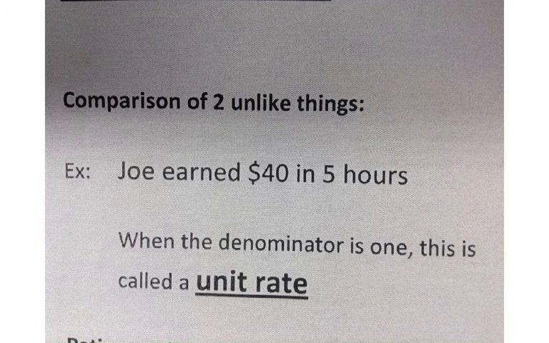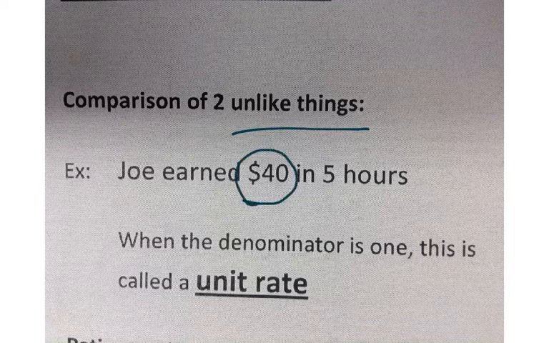What you can do with ratios is compare two unlike things. In the example, Joe earned $40 in 5 hours. That $40 is the dollar unit, and 5 hours is a different unit entirely. Typically dollars and hours don't go together, but in this case it works.